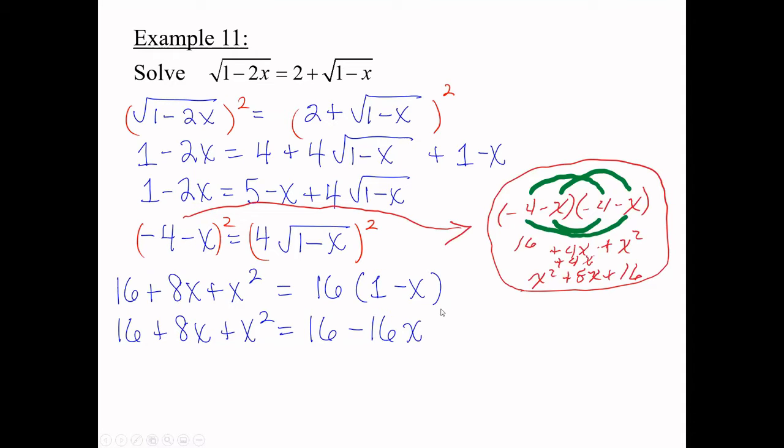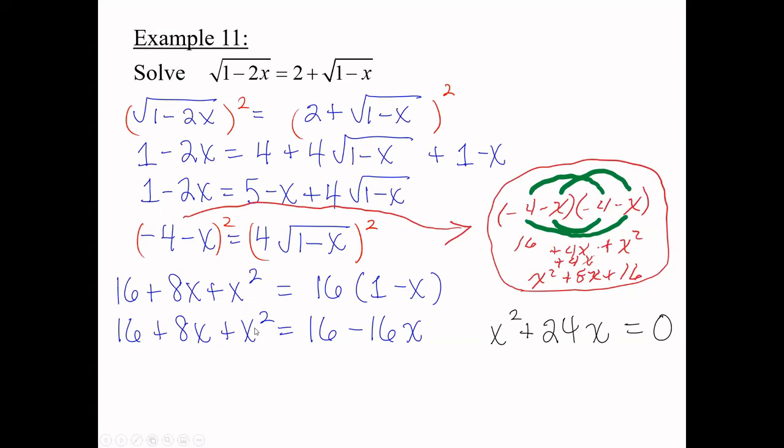We distributed the 16. And when you combine all the terms in this, you get x squared plus 24x equals 0. Okay, we're transferring that to the next screen where you're going to have roots of x equals 0 and x equals negative 24.